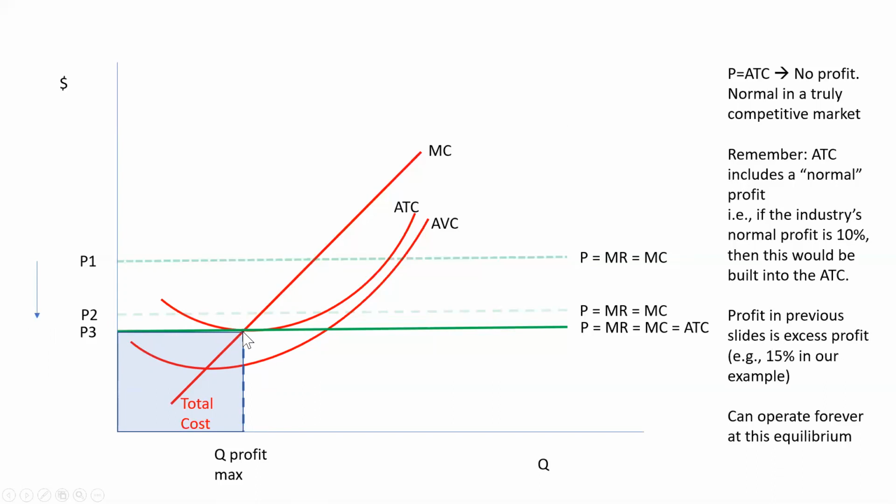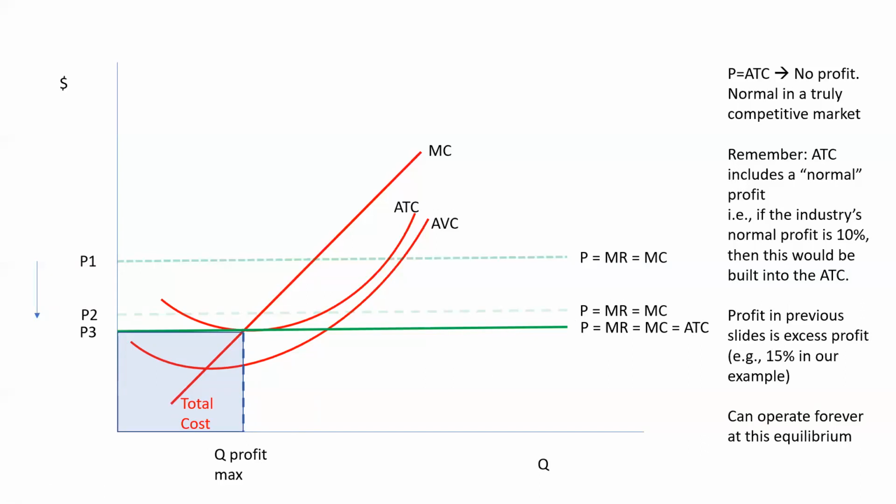So the total revenue at P3 is P3 times Q. But P3 is equal to average total cost. And so we have this situation where total revenue is equal to total cost, and there is no longer a wedge of profit here. So this is an important point: there is no profit. And this is normal. This is the normal equilibrium under perfect competition.